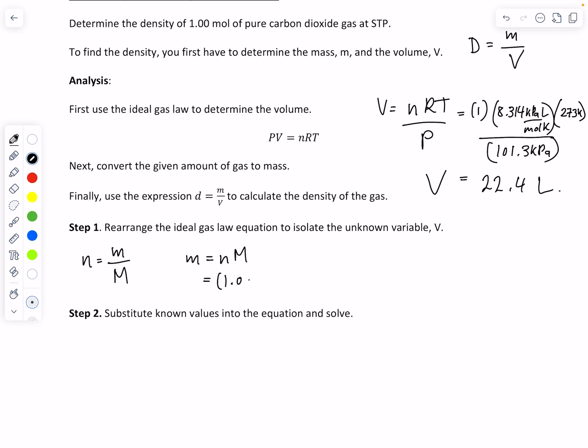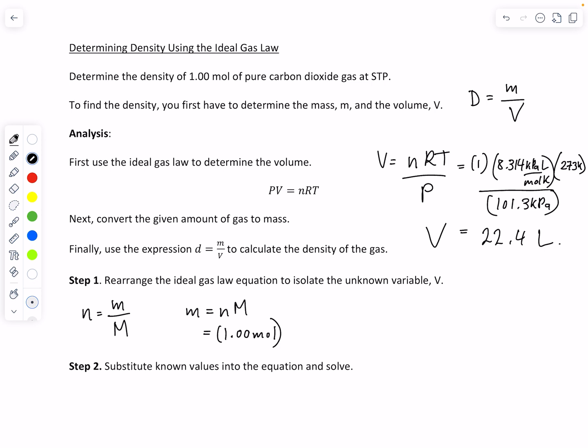The number of moles is 1, and the molar mass of carbon dioxide is 44.01 grams per mole. So we get a mass of 44.01 grams.